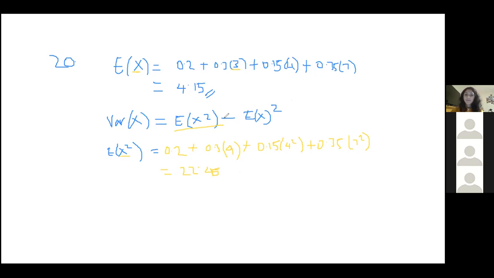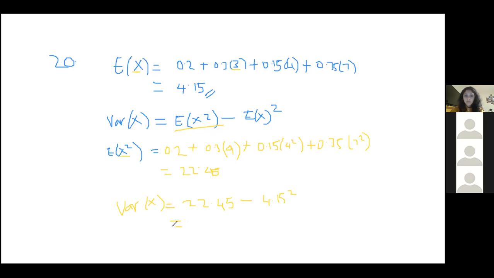Okay. And then we have the expectation squared. It can be really confusing to just say, because both of them sound pretty much the same. But anyway, we're trying to square 4.15, and so therefore the variance of x is then this bit that we literally just found, which was 22.45, and then take away 4.15 squared.